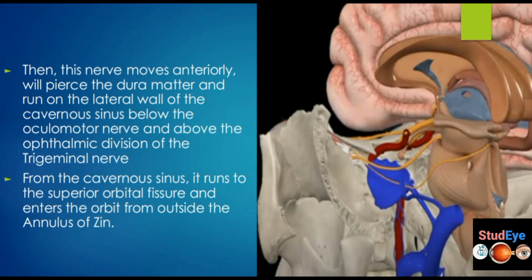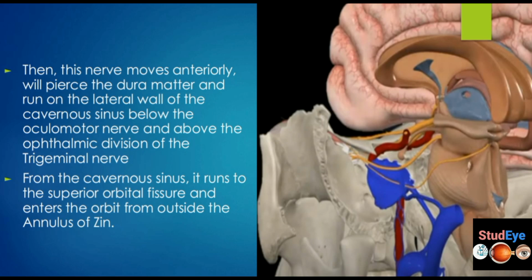So the trochlear nerve moves in between the two nerves. The nerve above the trochlear nerve is the oculomotor nerve, and the nerve below the trochlear nerve is the ophthalmic division of the trigeminal nerve, right? So the trigeminal nerve moves below the trochlear nerve, and the oculomotor nerve moves above it, and they are moving along the lateral wall of the cavernous sinus.